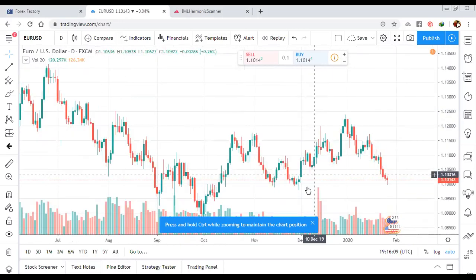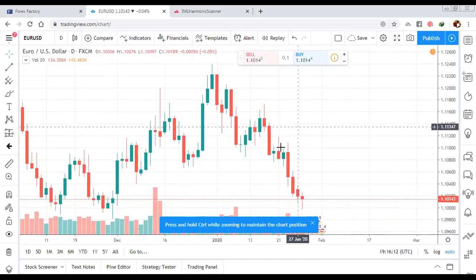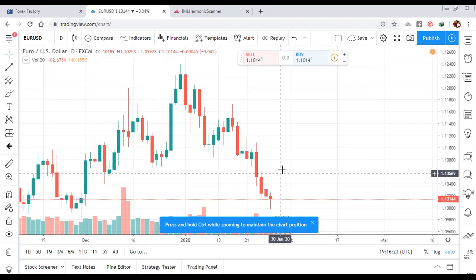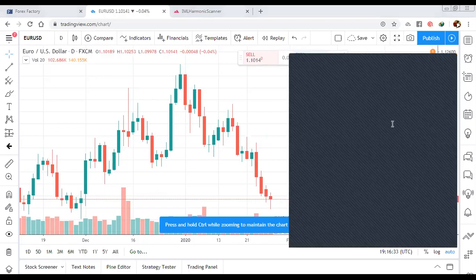Now, this is basically what we are going to be using in today's lesson. I'll teach you how to place a trade from here. If you must place a trade, you first of all need to enter the trade by conditions, right?